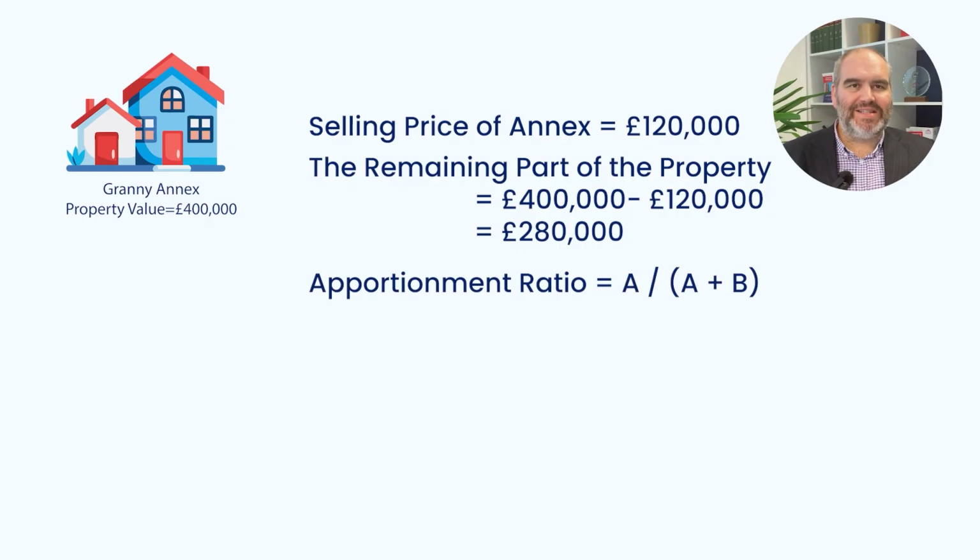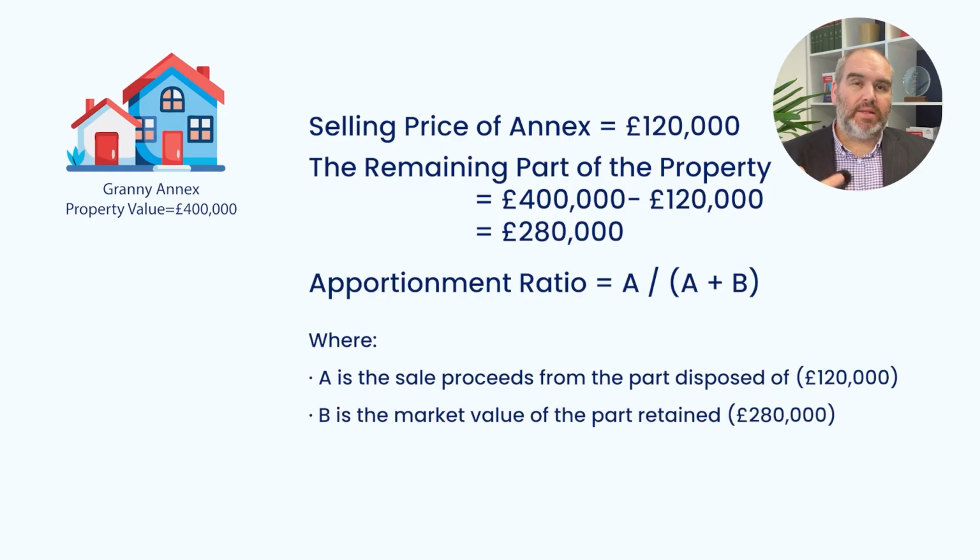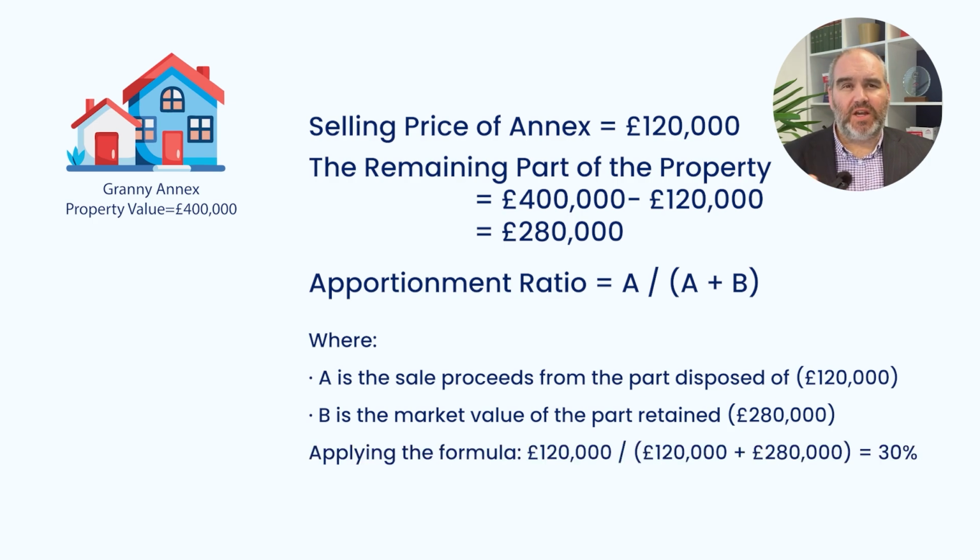Apportionment ratio is equal to A divided by A plus B. A are the sale proceeds from the part disposal, which in this case is £120,000, and B is the market value of the part retained, the £280,000. Applying the formula gives us £120,000 divided by £120,000 plus £280,000, which is 30%.